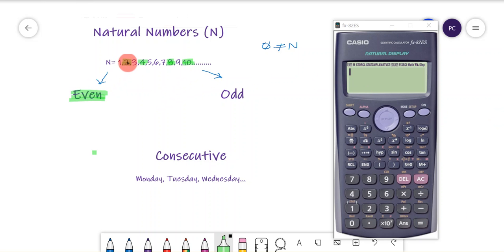And why are these numbers even? Because if I take any of these numbers and divide them by 2, it will divide in evenly.